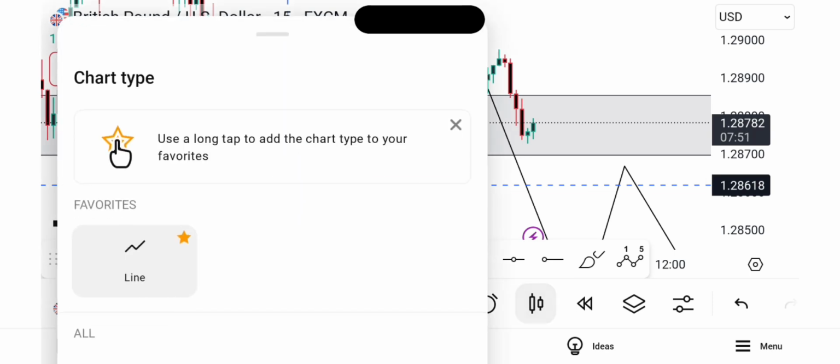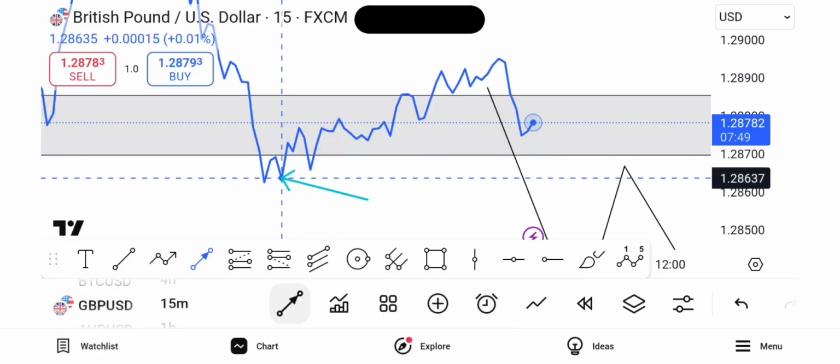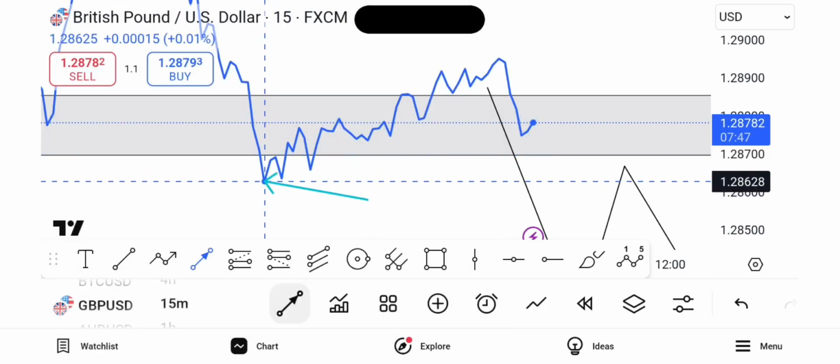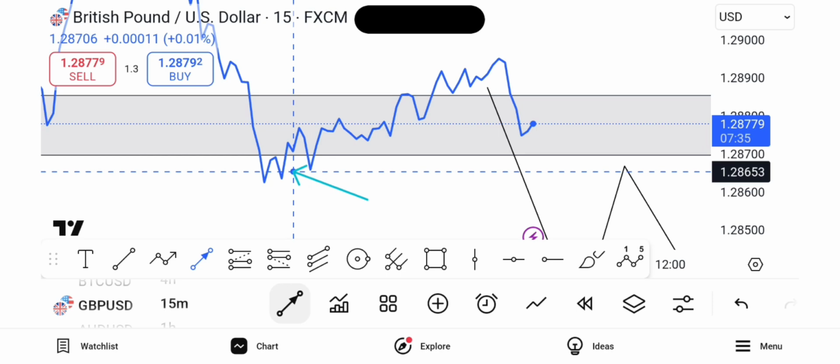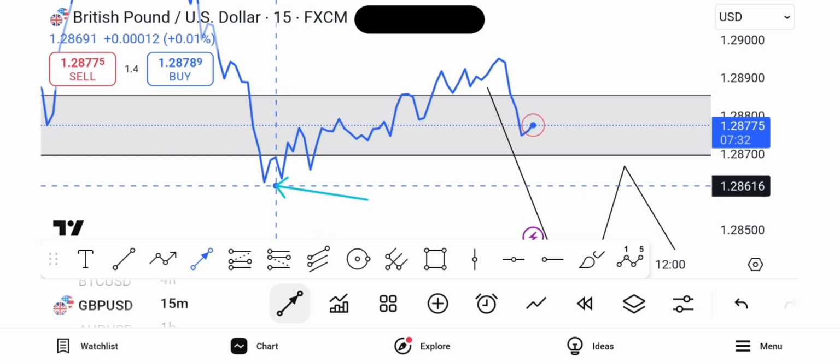We can take this zone, and we also mark it because it is very important. Before running for the last one, first consider the nearby or the recent low. So we mark this.